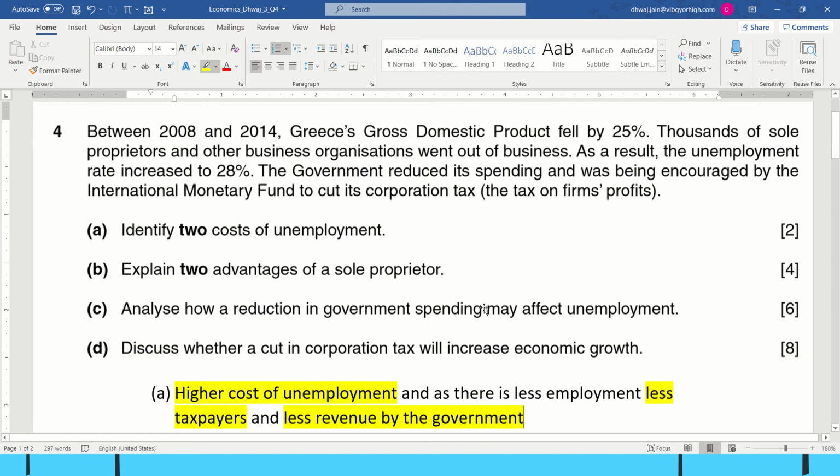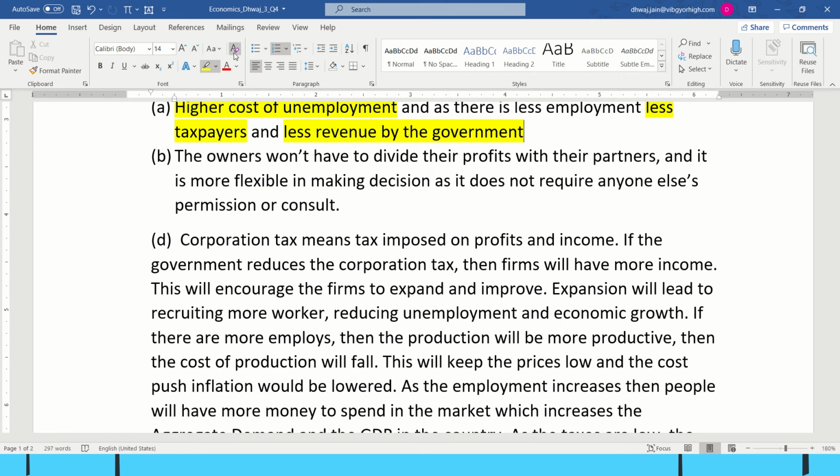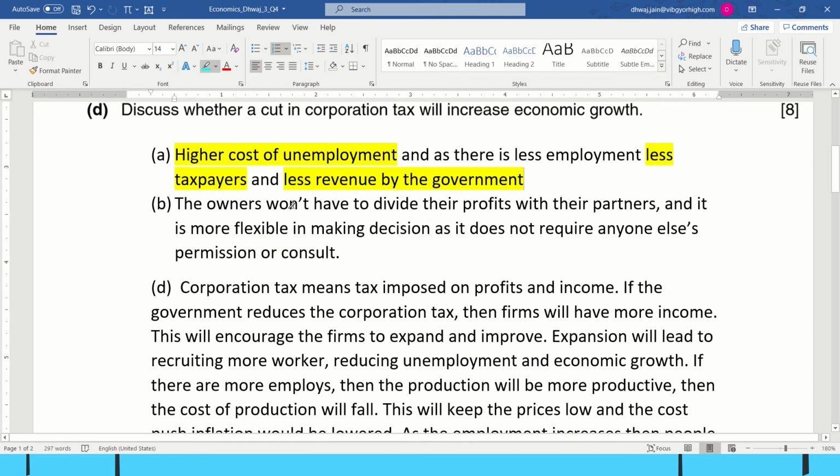Okay. Next we have explain two advantages of sole proprietor. First we'll mark the 2 points. The owners won't have to divide their profits. So this is for one thing, and it is more flexible in making decisions. So now I have taken two of the points.